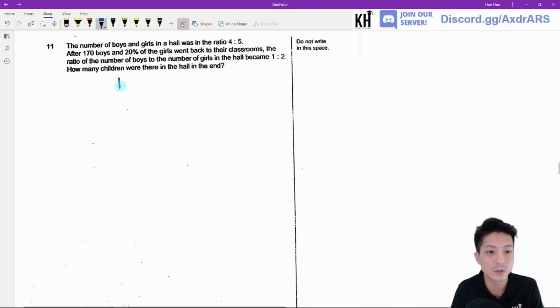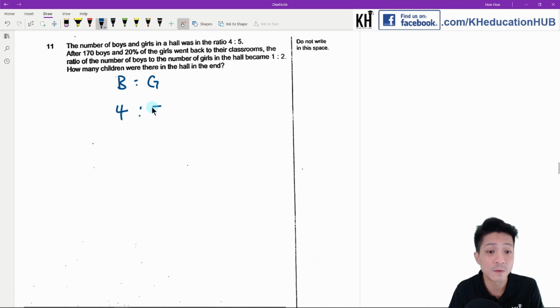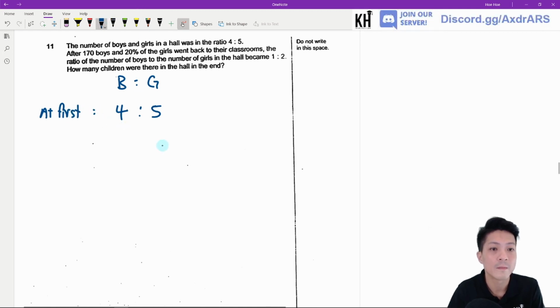Okay, so the ratio of the boys to the girls is 4:5. This is at first. Okay, after 170 boys, which means that the boys would be minus 170.